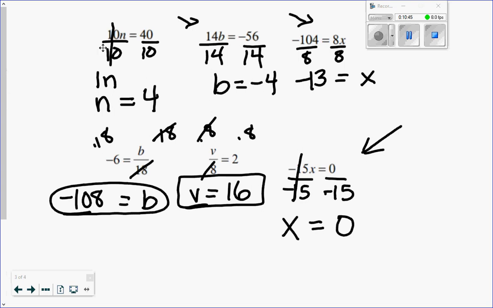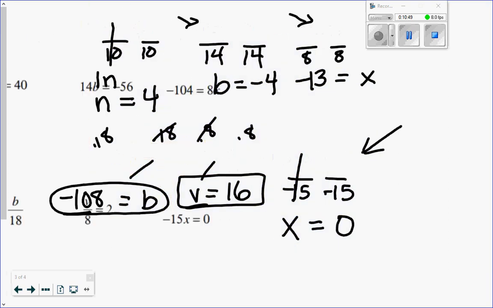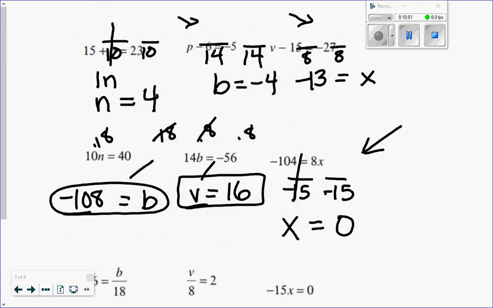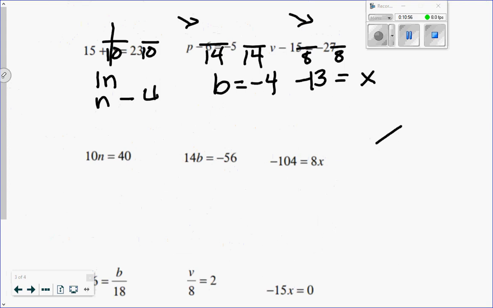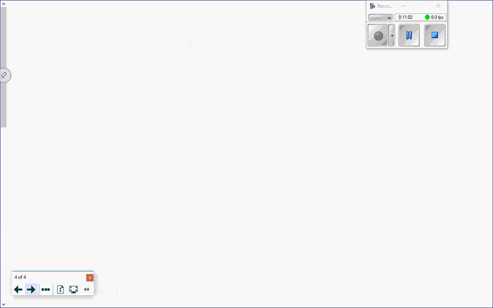What we're going to do now is move on to two-step equations. Have to erase the board here. A little short to be doing that. There we go. Move into the next page. And really all we're going to be doing here is our two-step equations.